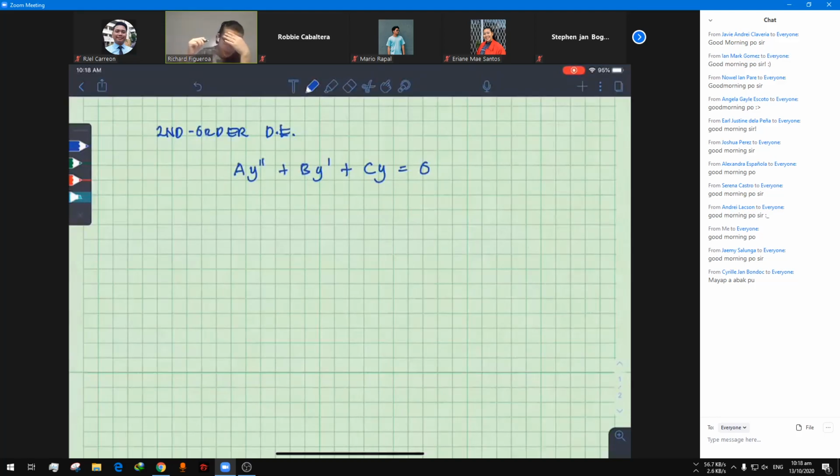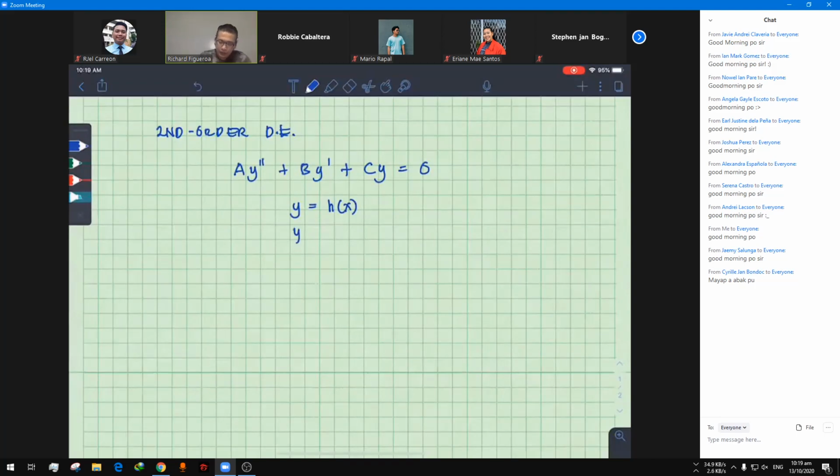It says here that if a y double prime plus b y prime plus c y is equal to 0, then that is a solution of the differential equation. For example, one of the solutions I am guessing is a function of x. Let's say it's h of x, so I am assuming that y is equal to h of x, wherein h of x is a solution of the differential equation.